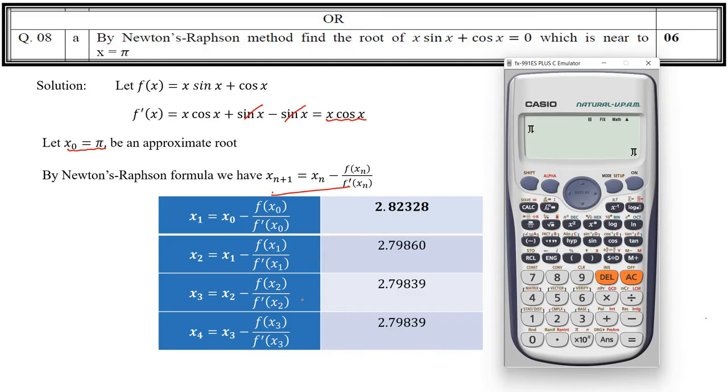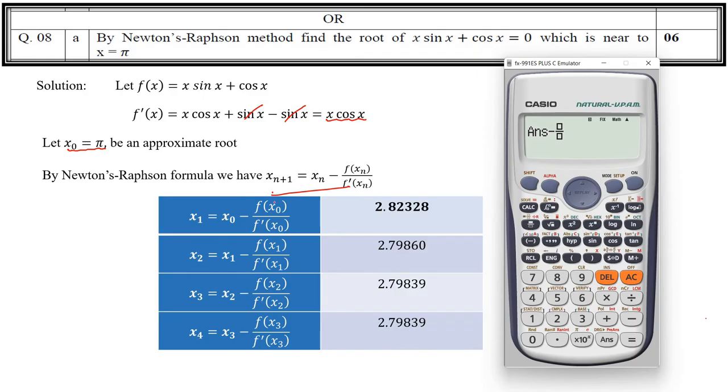Now I will type this equation. Here x naught is pi, right? So the formula is x1 is equal to x naught. x naught I have typed here, so I will take that as answer, minus the fraction. In the numerator you should type f of x naught.